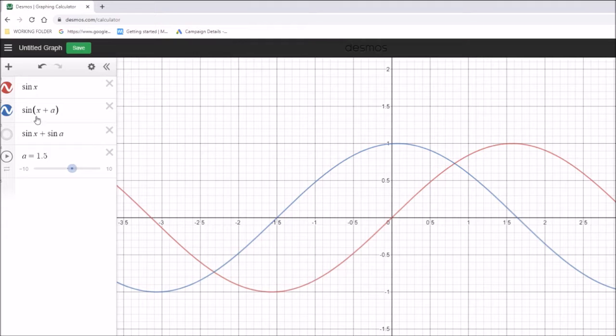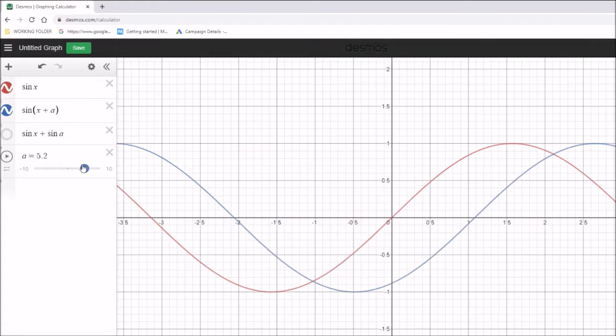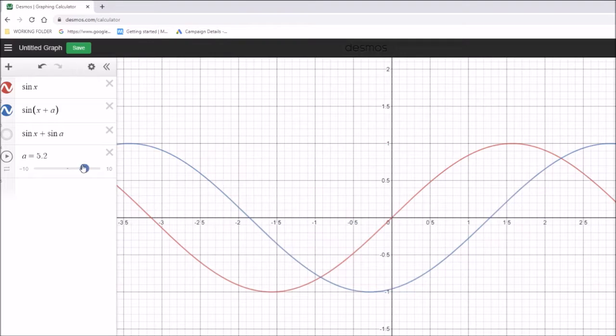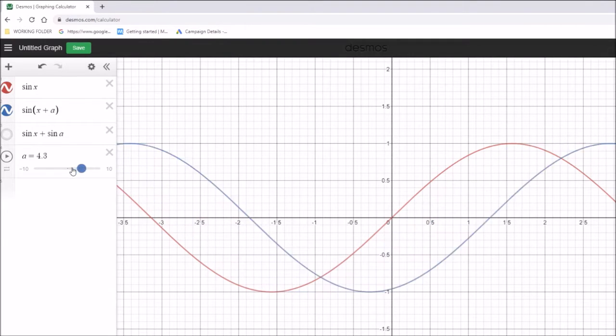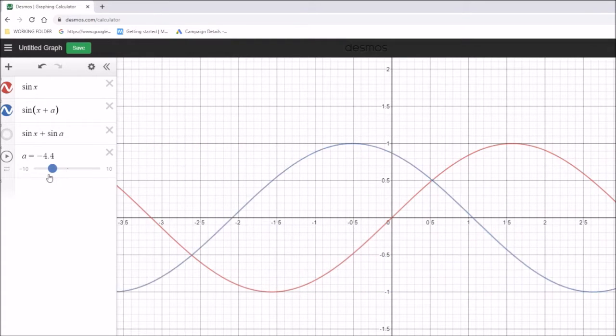So all this is going to do is shift the sine function left or right. Let's move that just now. There we can see that that function is now getting shifted. As a is positive, the function is going to get shifted to the left, and when a is negative, the function will get shifted to the right.